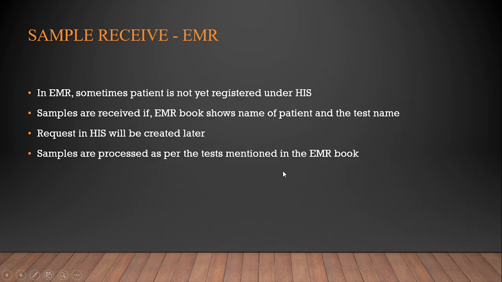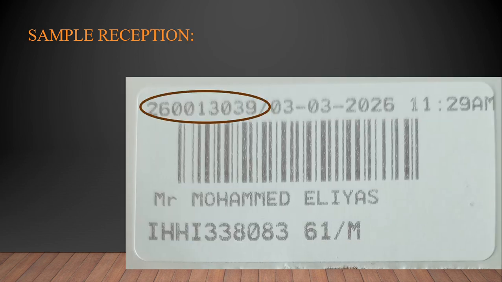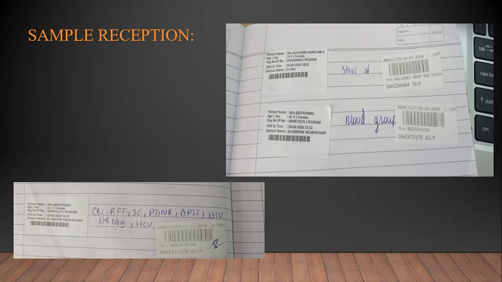Okay, so sometimes it has been seen that a patient has come to emergency, but the patient has not been registered in the HIS yet, but they might want the sample to be sent for emergency reasons. So during that time we see the emergency book which I showed you just now.